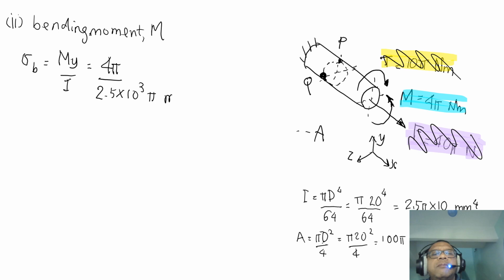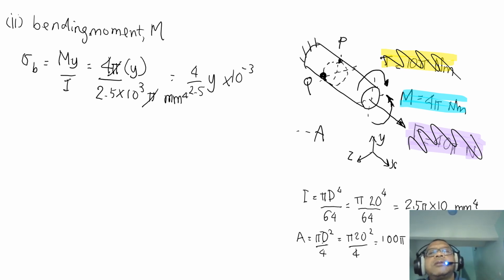This is mm to the power of 4, and then we have the value of y. Yeah, so what we have is 4 divided by 2.5 y times 10 to the minus 3 megapascal.